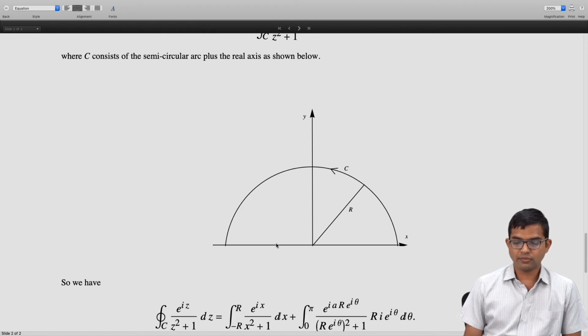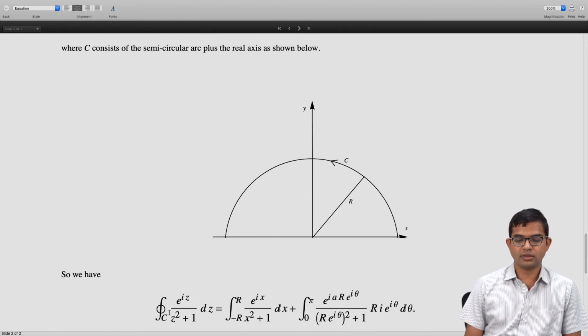Now, the contour integral along this entire path is actually nothing but the integral from minus R to plus R. So that's the integral that we care about, right? So that we can take the real part of this. This is the part which we care about, plus the integral from 0 to pi of this whole stuff, R i e to the i theta d theta.